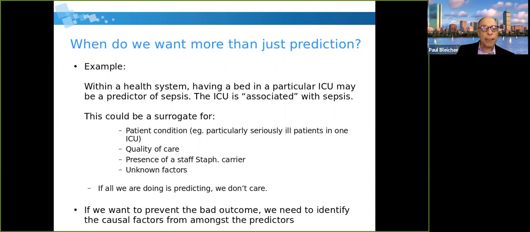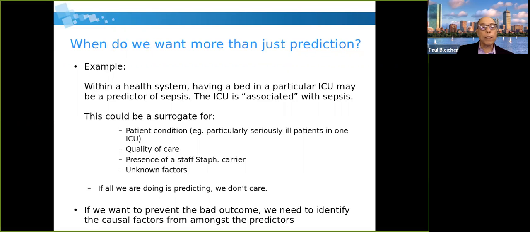If all we're doing is predicting, we don't care whether there are worse or better outcomes. But most of the time, we don't want to just predict outcomes. We want to identify the causal factors from amongst the predictors. We want to know whether there's a quality of care issue so that we can change that.